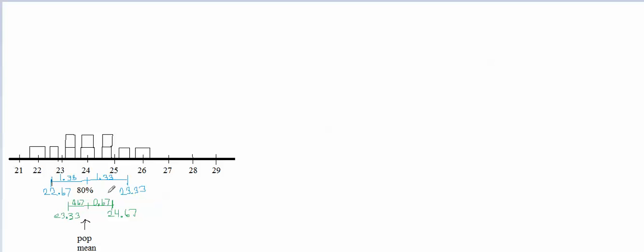Just like how these two numbers up here both say 1.33. And I'll put 60% right here because this is the middle 60% of the possible samples. 60% of the samples are between these two numbers right here.